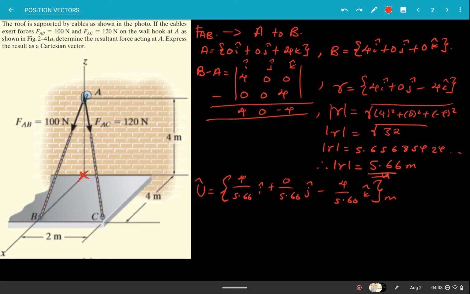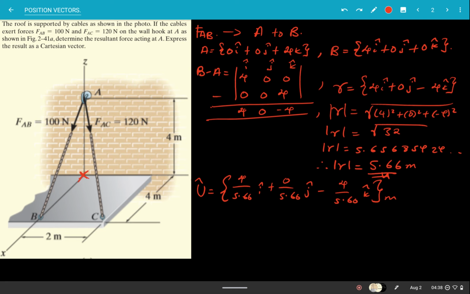But our main interest is the Cartesian vector form of the force AB acting along the chord. We know the unit vector, and we know the magnitude of the unit vector is 1, and we do understand that the length of this chord is equivalent to 5.66. But our interest is to express the 100 newtons in Cartesian vector format.